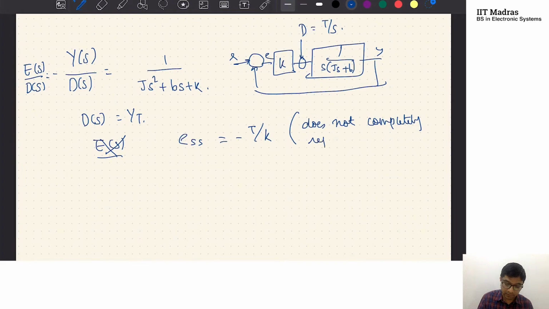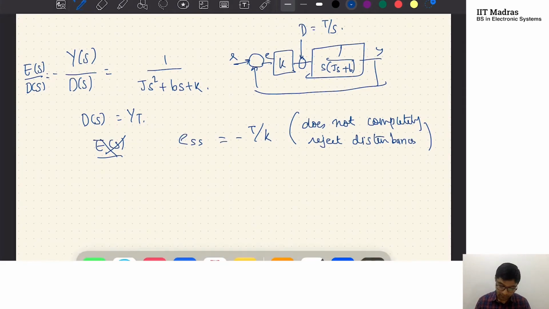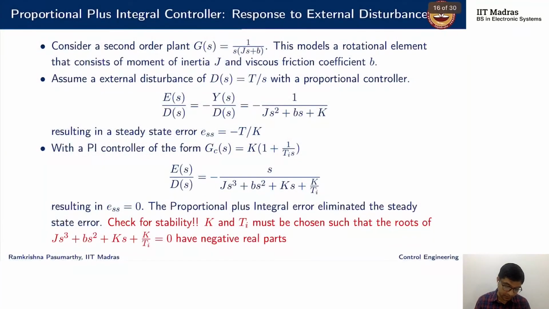Of course, one solace we can take is that the disturbance does not make the system unstable. Okay, back to where we were. So this is the steady state error because of a disturbance of this size with proportional control.